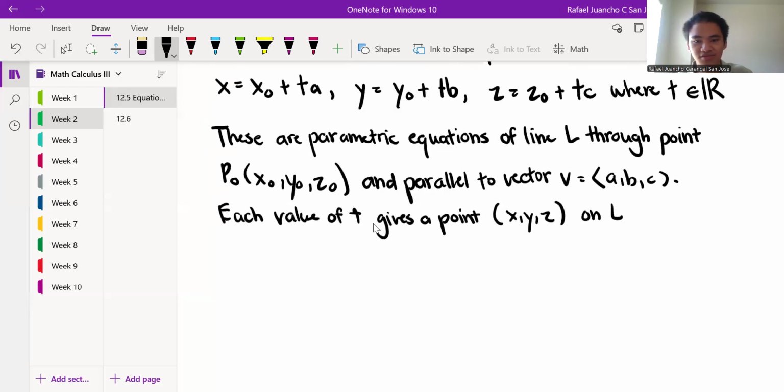All we're doing is lines in 3D. Okay, let's solve this. I'm going through an example.